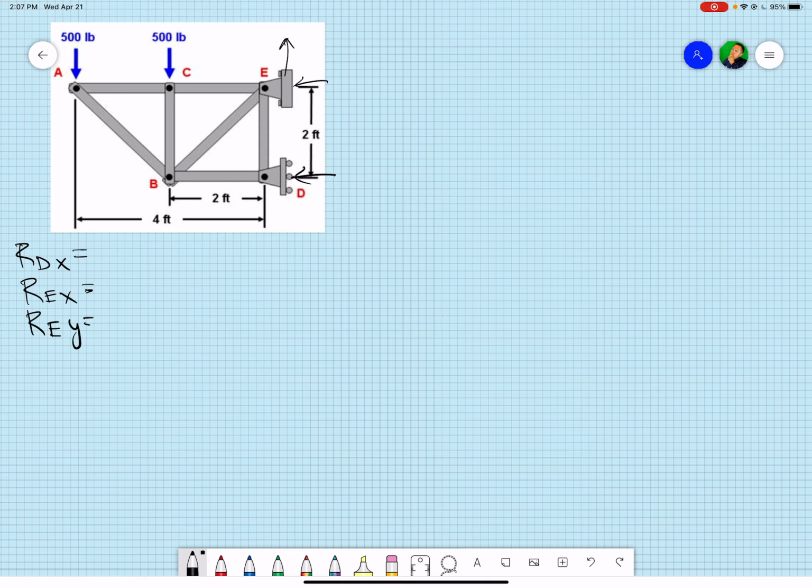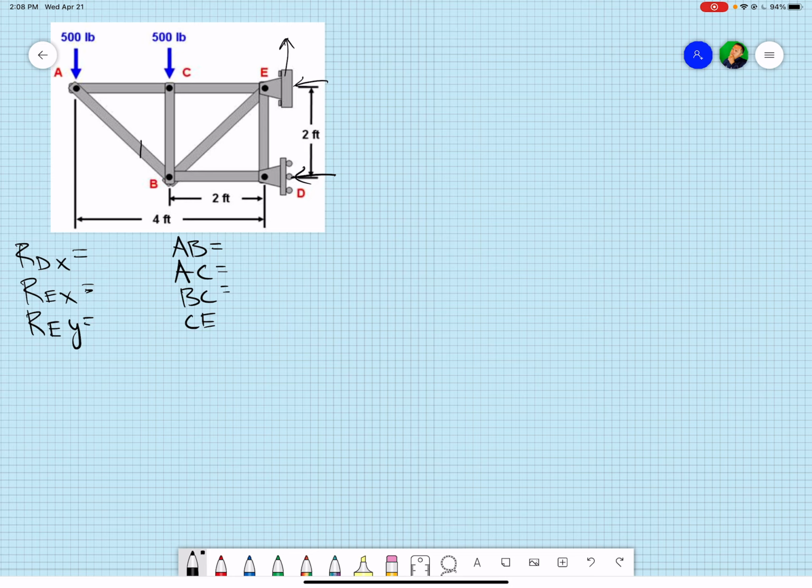Okay, now then we got our members. Our members that we have to figure out. We have AB. We have AC. We have BC. Okay. We have CE. I should have marked these off as I went, right?